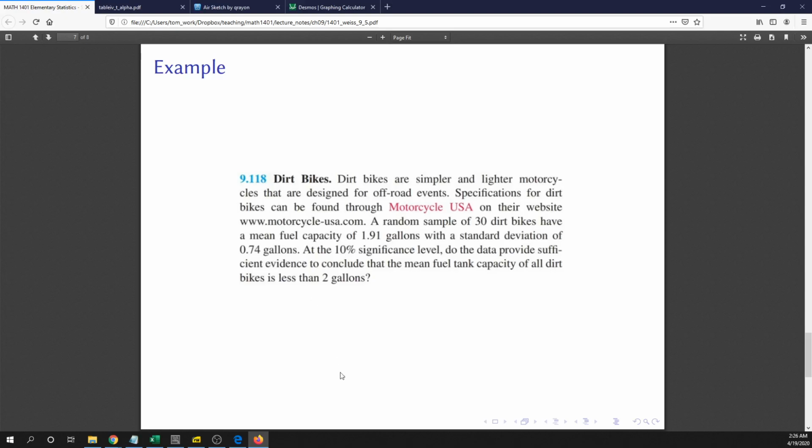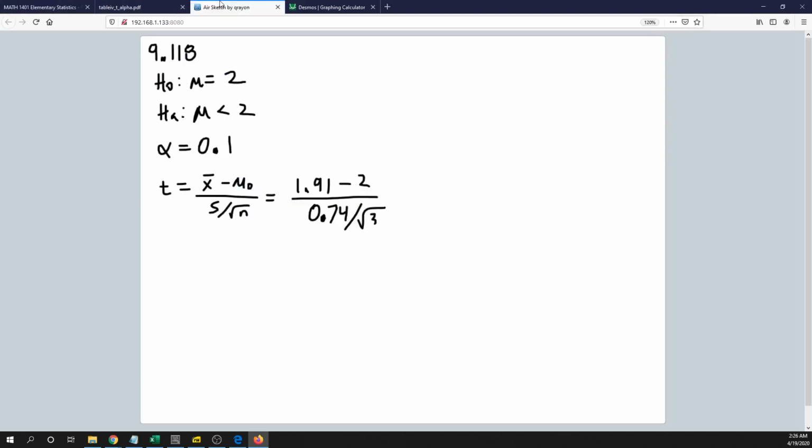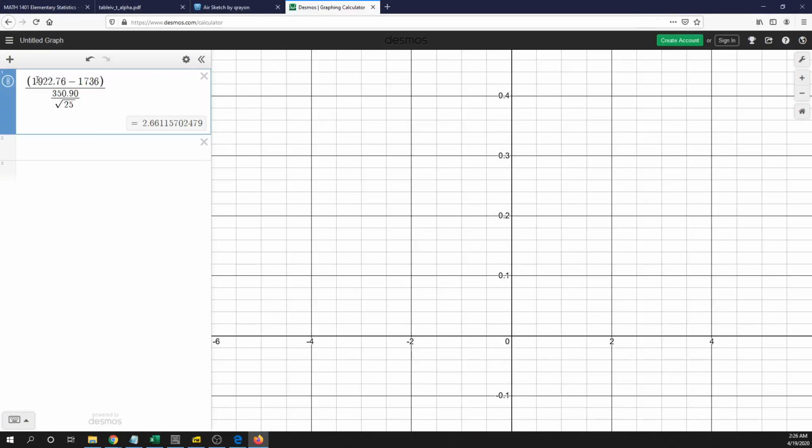And we're going to be dividing by the square root of the sample size. Our sample size is 30, since it says a random sample of 30 dirt bikes. So we're going to divide by the square root of 30, and we need to calculate that out. So 1.91 minus 2, all over 0.74 divided by the square root of 30.